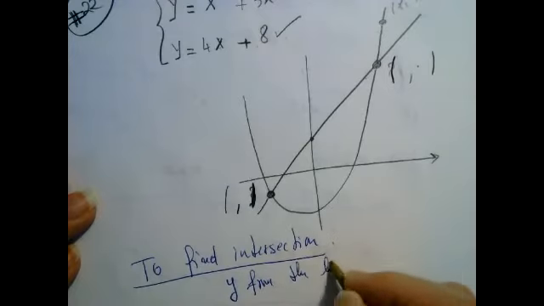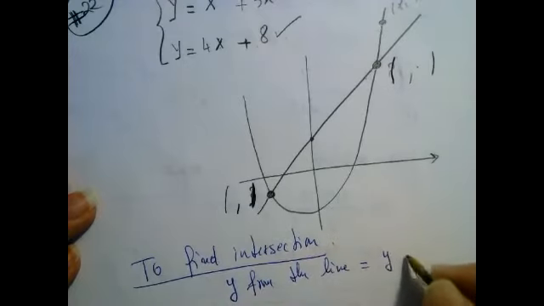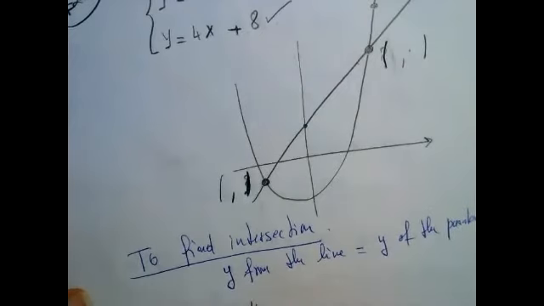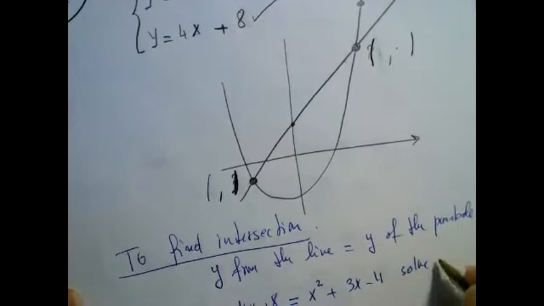In other words, we're going to set 4x plus 8 equal to x squared plus 3x minus 4 and solve for x.